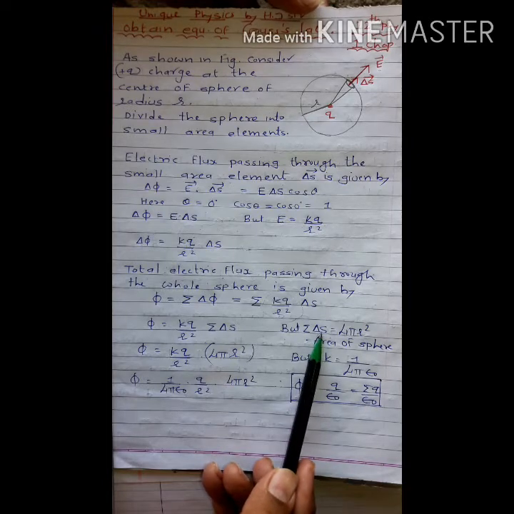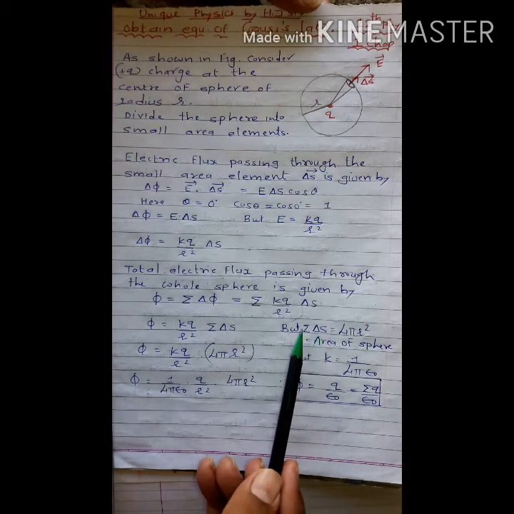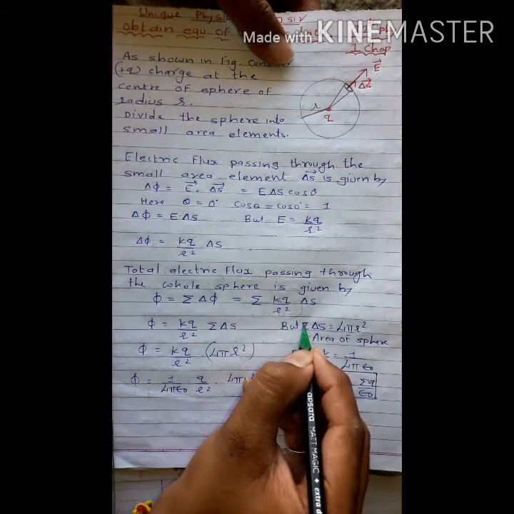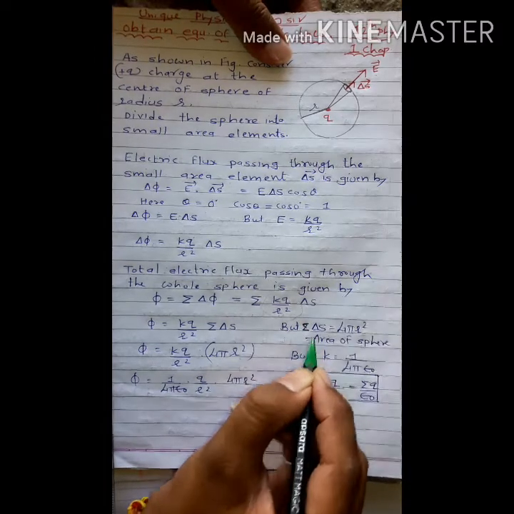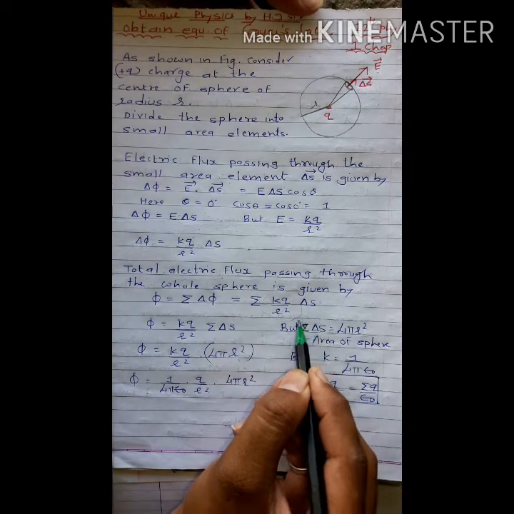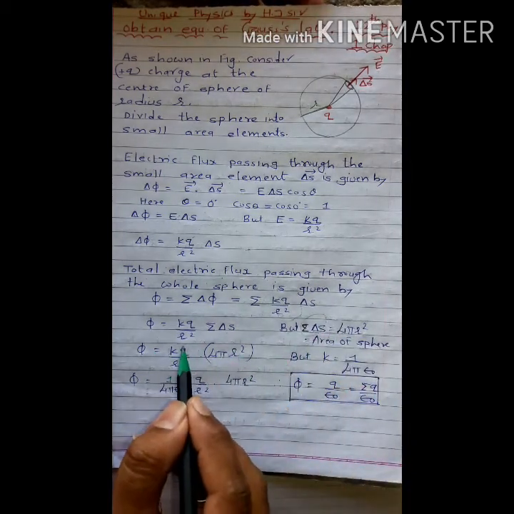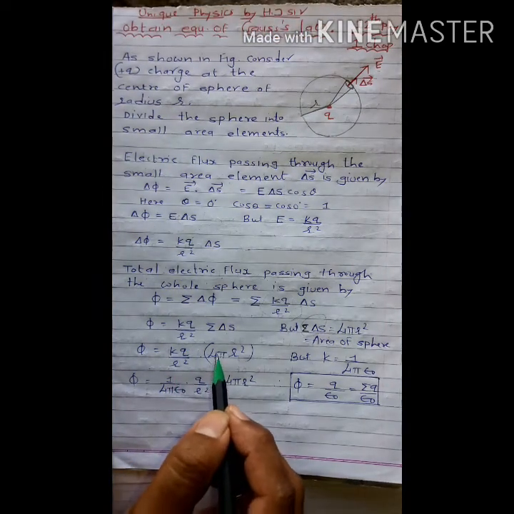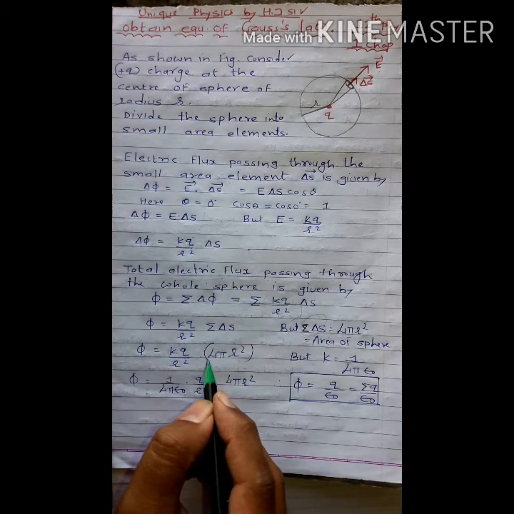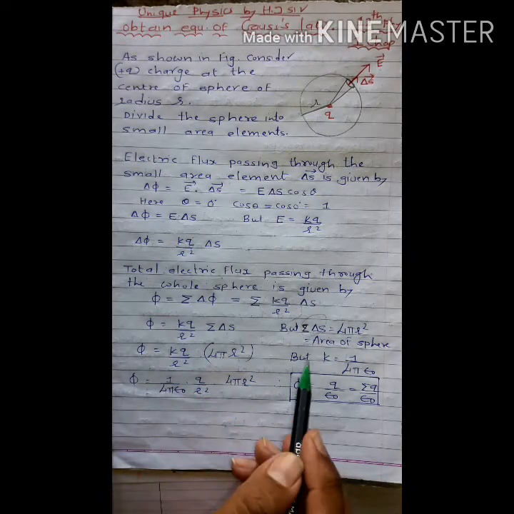Delta S represents the area of a small element, but sigma delta S represents the total area of the sphere, which is given by 4 pi r square. So instead of sigma delta S, we use 4 pi r square. Phi is equal to kq upon r square into 4 pi r square. But we want our equation in terms of q only, so we use the equation of small k.